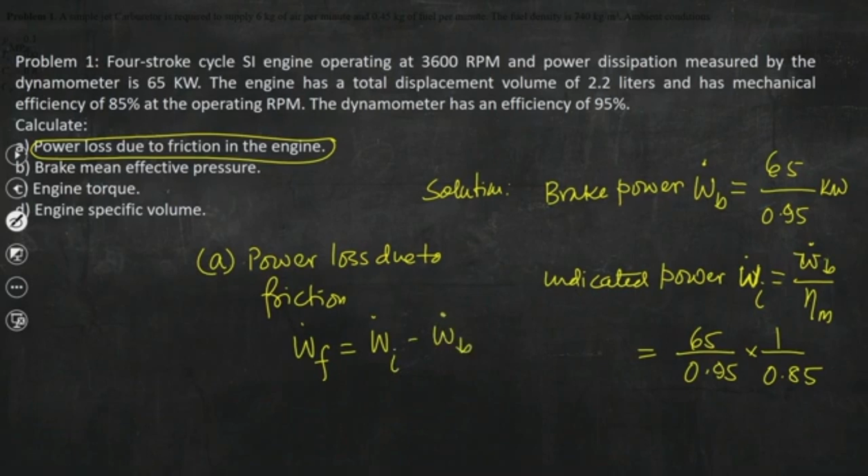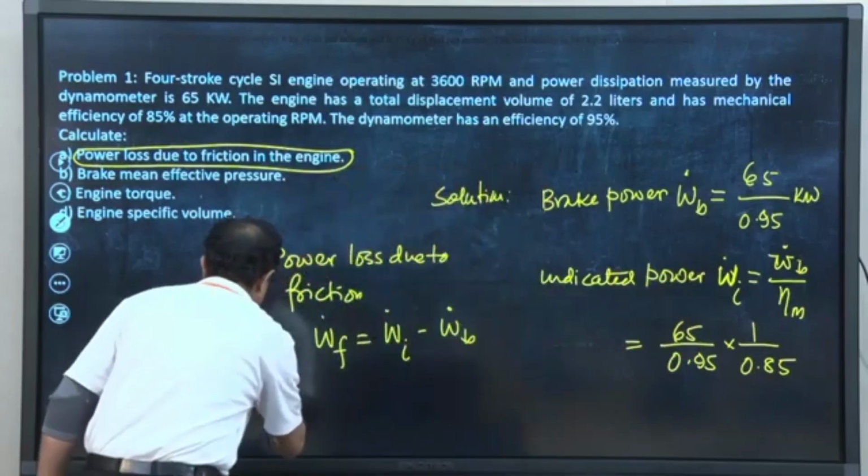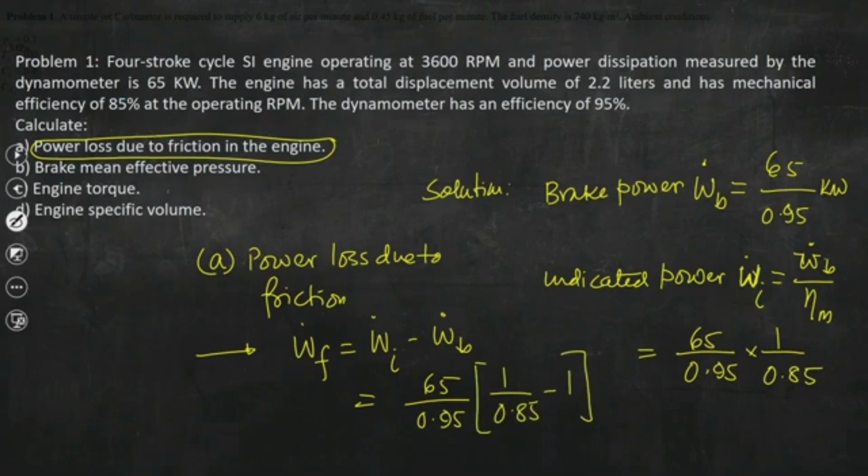Since we can easily calculate W_I dot and W_B dot from this, we also can calculate W_F dot. So, this is 65 divided by 0.95, times 1 upon 0.85 minus 1, right. So, this is the loss.